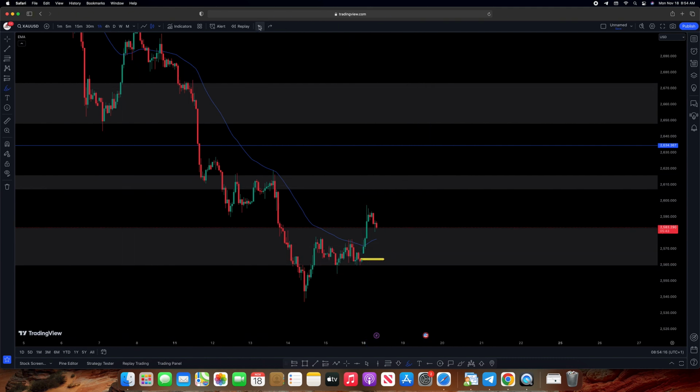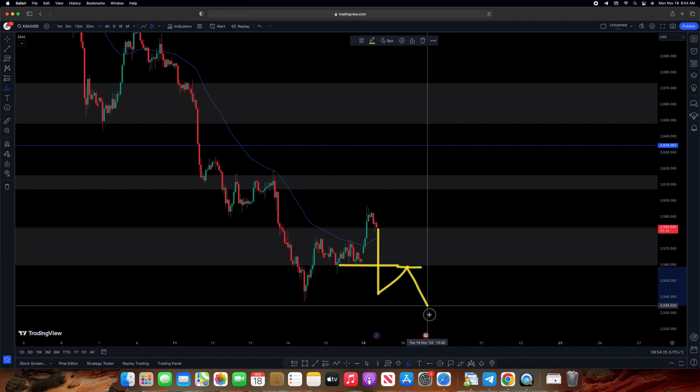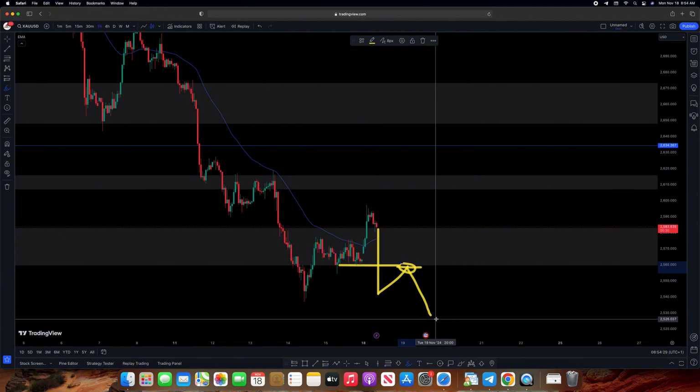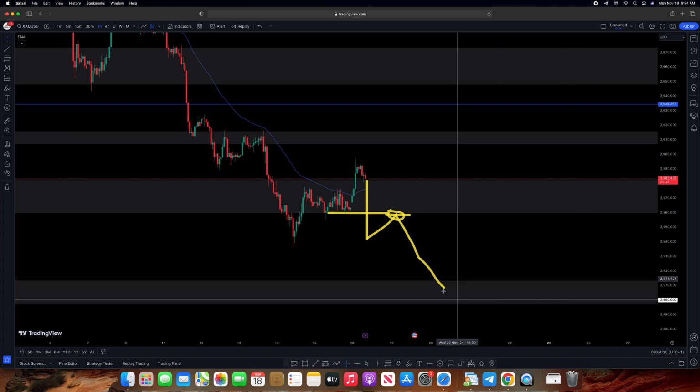Then if it fails, I will just wait for gold to take out this zone. Then I will sell here to target this low or to target this zone here. To target this particular zone.